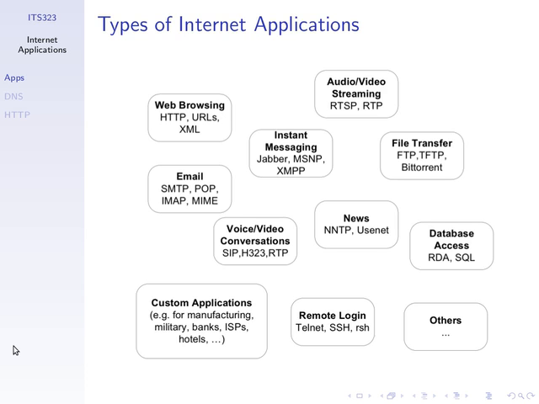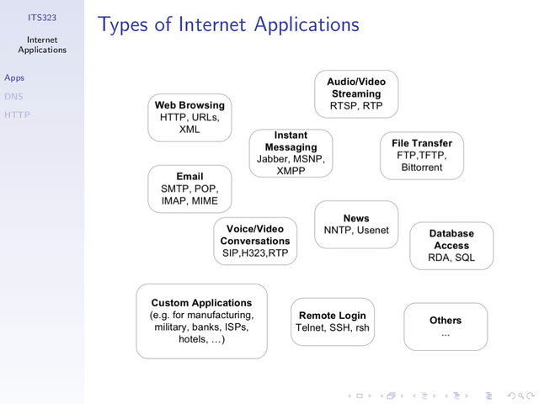And there are many different types of internet applications and many different application layer protocols. Some of them are listed here. Instant messaging. You use MSN, the MSN chat, then that's an instant messaging application that uses a messaging protocol, MSNP. If you use Skype or some other voice over IP application, some audio or video communications, conversation, then you may be using protocols like RTP and SIP.